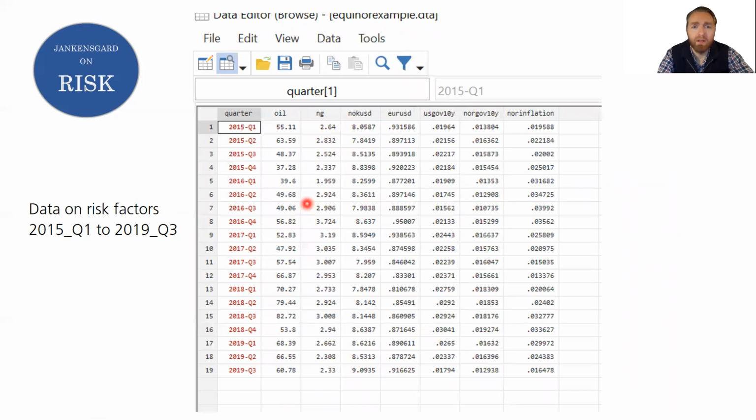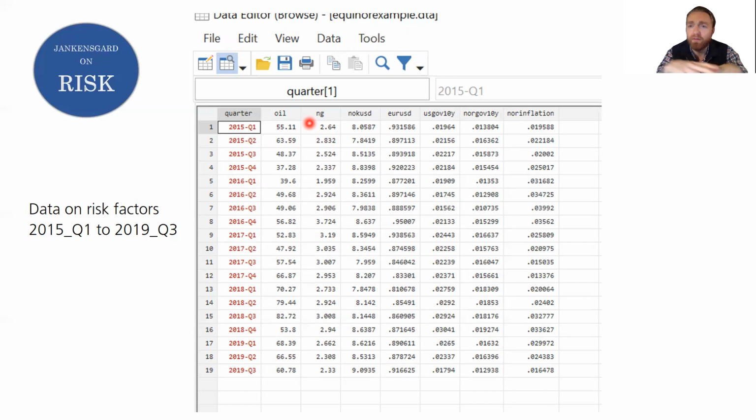And then we do a similar thing for risk factors. We go to some database and retrieve series for a matching sample period here. And we collect data on variables that we suspect have a major influence on corporate performance based on some kind of analysis of the business model. I mean, we have to first think about how this value chain operates, what's their business model, what does the industry look like, who are the competitors.